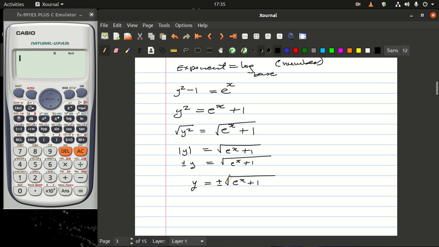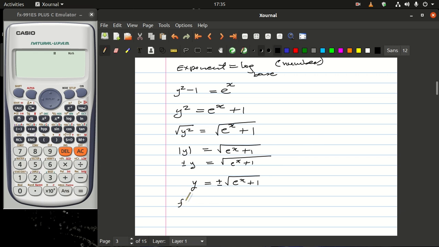Once you have one element x that is mapped to two outputs, whatever that rule is, it is not a function. But I don't care about whether it is a function or not. What I care about is when will this be defined, or some sort of a domain.